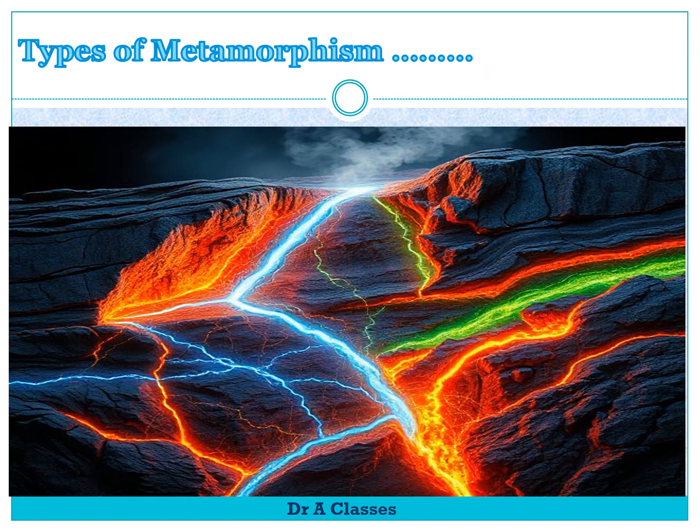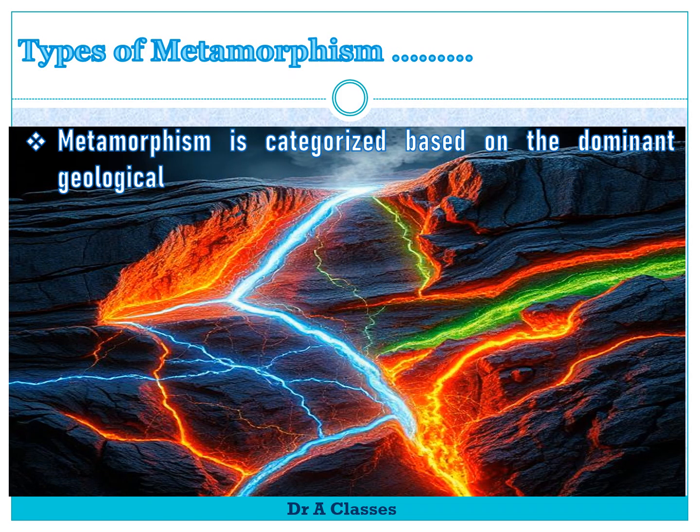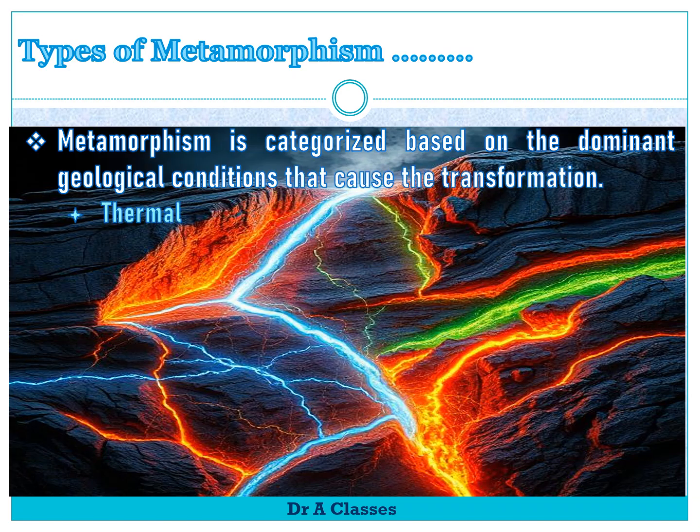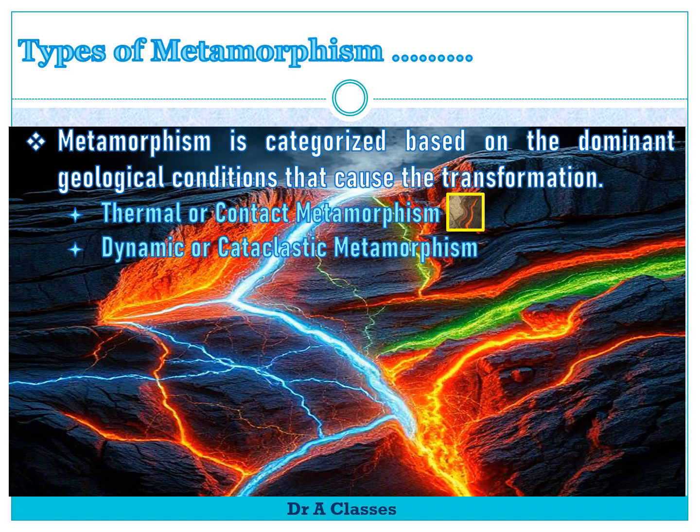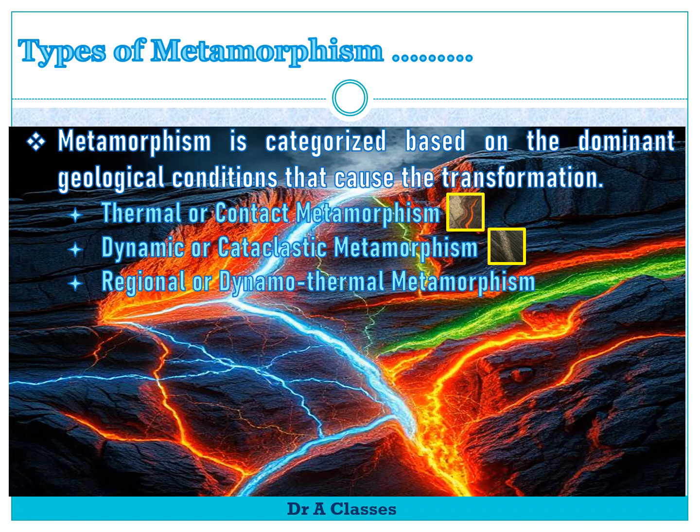Types of metamorphism. Metamorphism is categorized based on the dominant geological condition that caused the transformation. Thermal or contact metamorphism, caused primarily by heat from intrusive magma bodies. Dynamic or cataclastic metamorphism, resulting from mechanical deformation along faults or shear zones. Regional or dynamothermal metamorphism, due to both pressure and temperature over large areas, typically during mountain building.